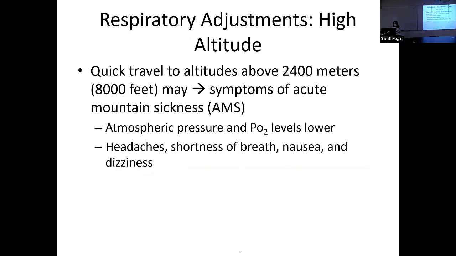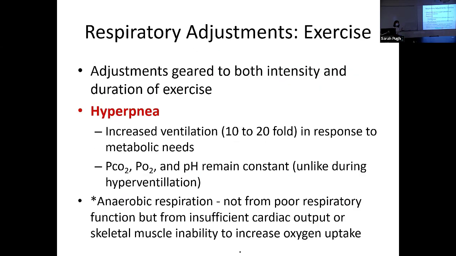The last two are some adjustments that are made to our breathing rate. So exercise, this obviously will adjust our breathing rate. Hyperpnea is the term we use for increased ventilation. This is in response to metabolic needs, right? If you're exercising, you need more energy, which means you need more oxygen.